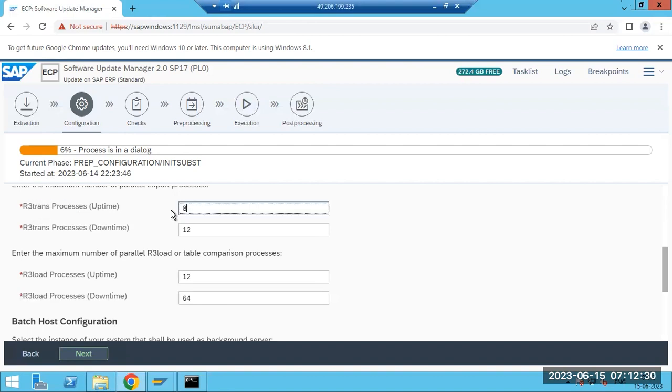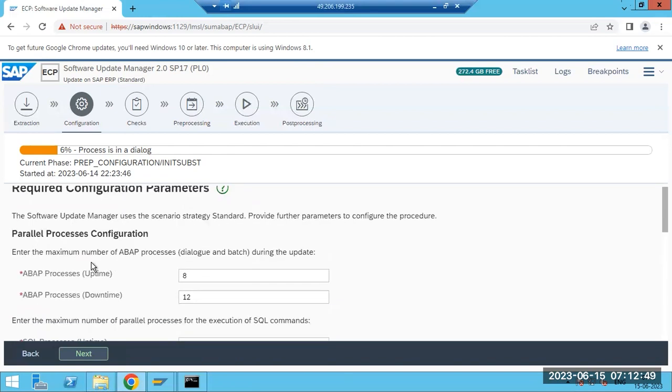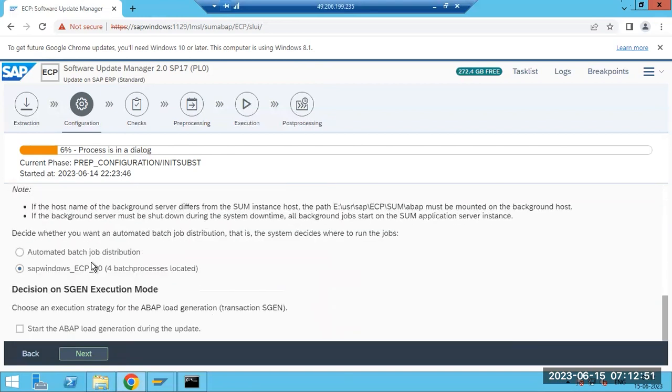If you increase to 8 processes, 8 into 512 means 4 GB. So 4 GB of free memory is required at the database and OS level, right? R3 load will not take much time, but 3 into CPU is the formula we have to calculate, or you can go with the default calculation, right?